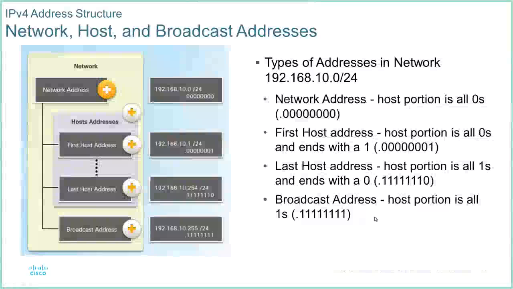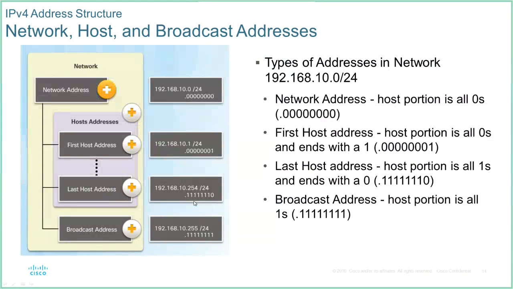Network, host and broadcast addresses. So there are basically 3 types of addresses in every network. We've got the network address, where all the host portion is zeros. The broadcast address, where all the host portion is ones. Anything in between those 2 values is known as host addresses. So first host, first bit value 1.